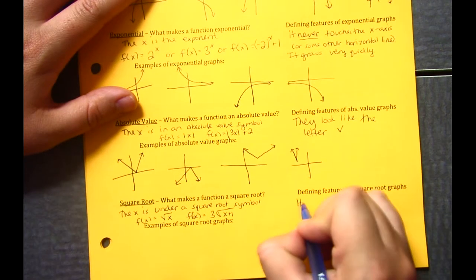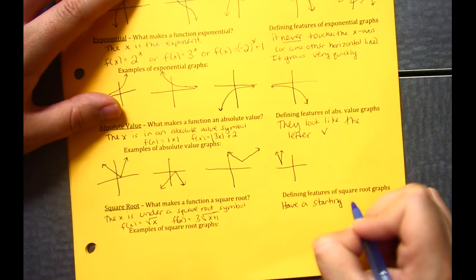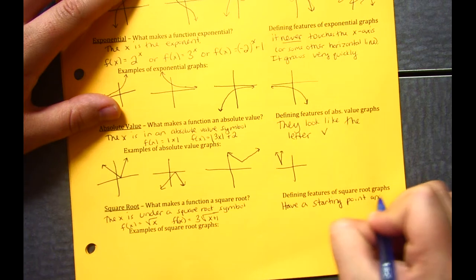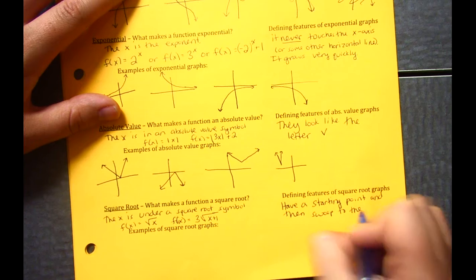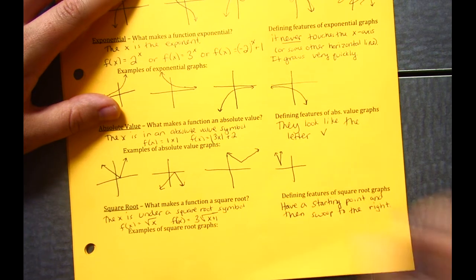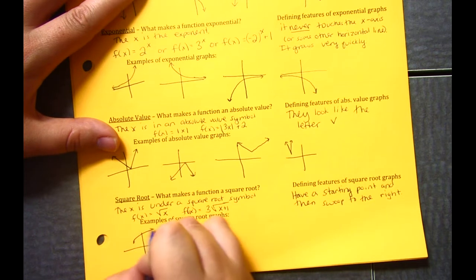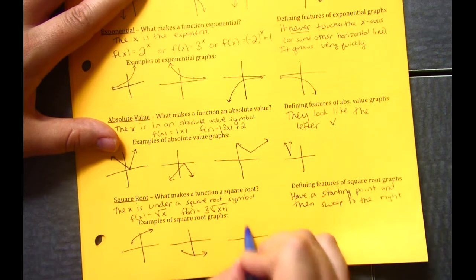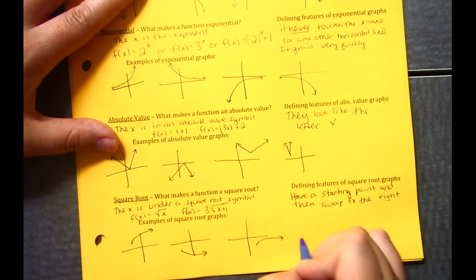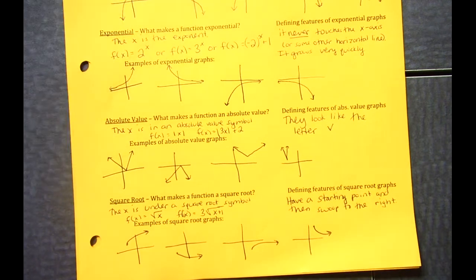These graphs have a starting point and then swoop to the right. So they always have a starting point and then they swoop to the right. They can swoop down too. They always swoop to the right. And that is all of the functions that we are going to talk about in this class.